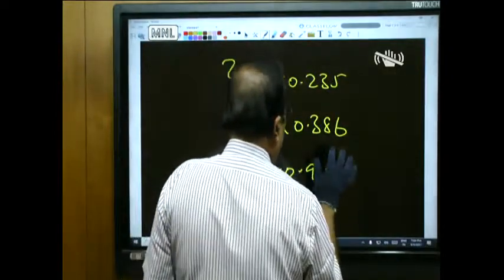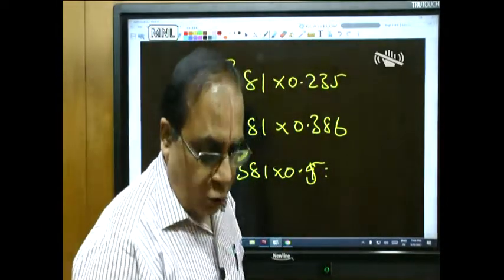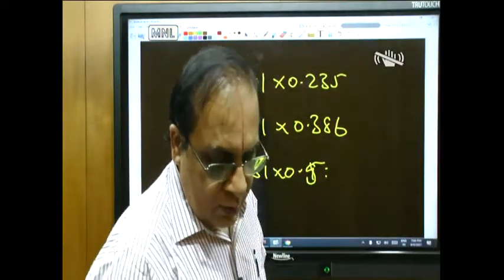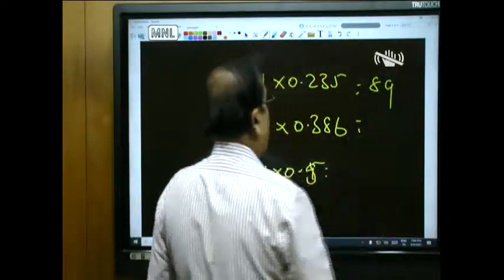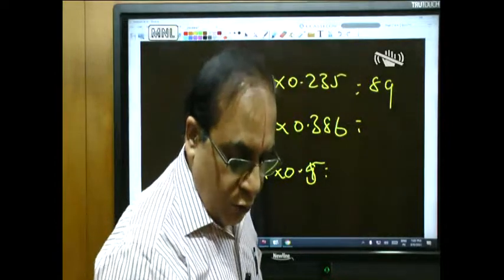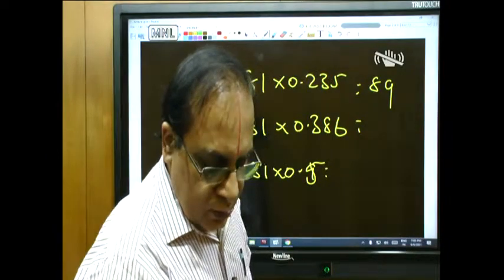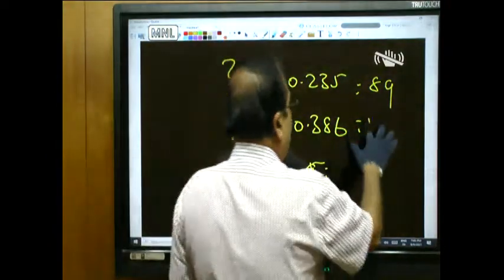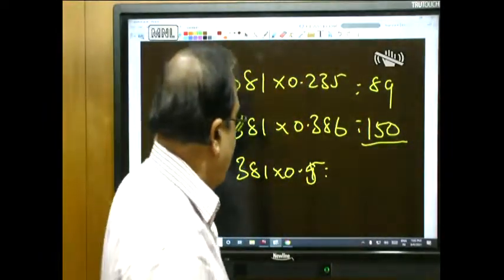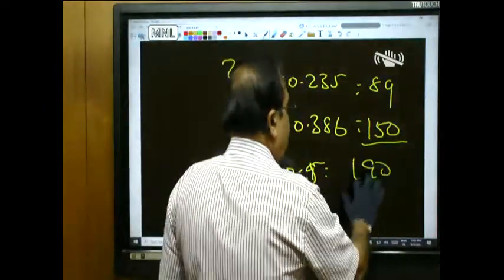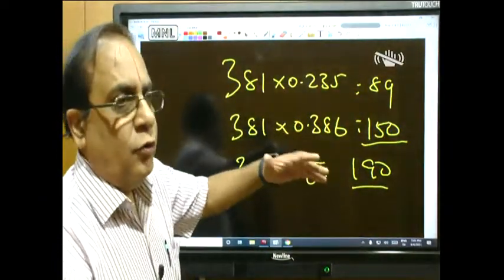We'll stop with this. 381 into 0.235 is 89 points. 381 into 0.386 is 147, or 150 points approximately, we can take it. And 381 into 0.5 is 190 points. So you can add this to 17,055 or deduct this from 17,436.